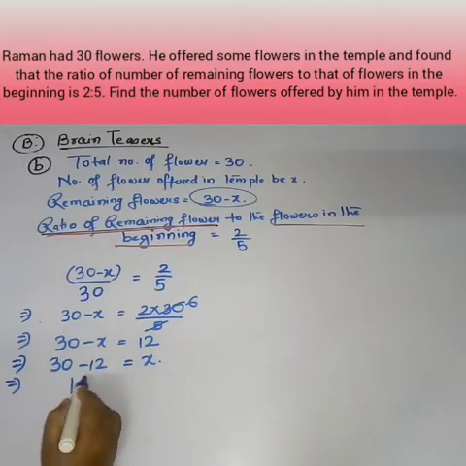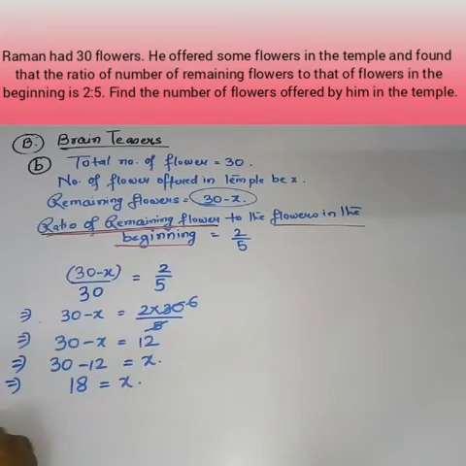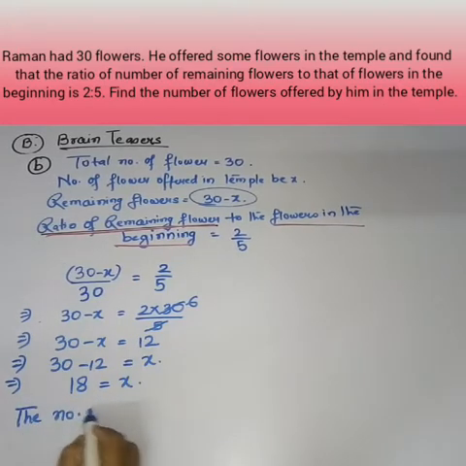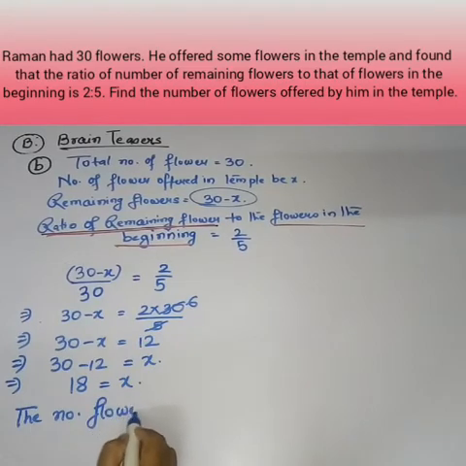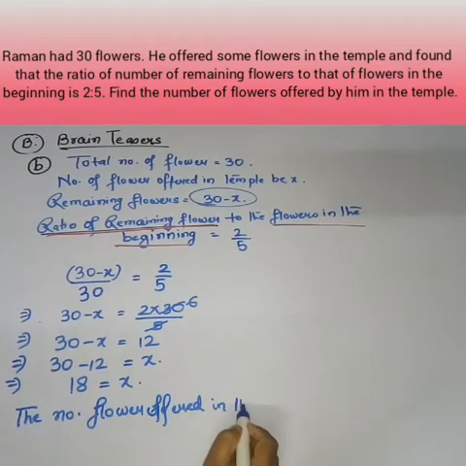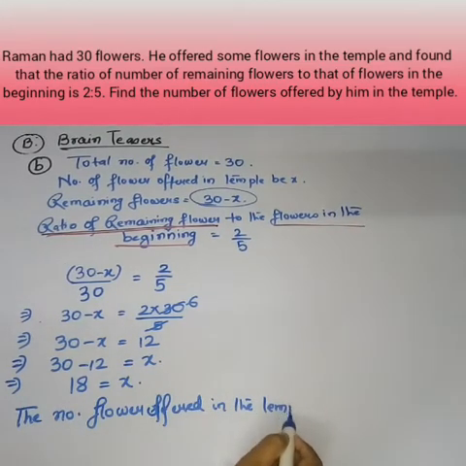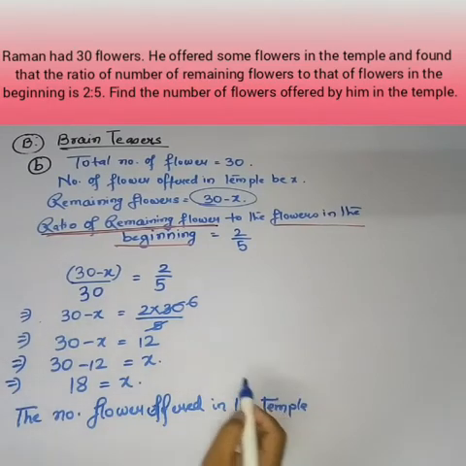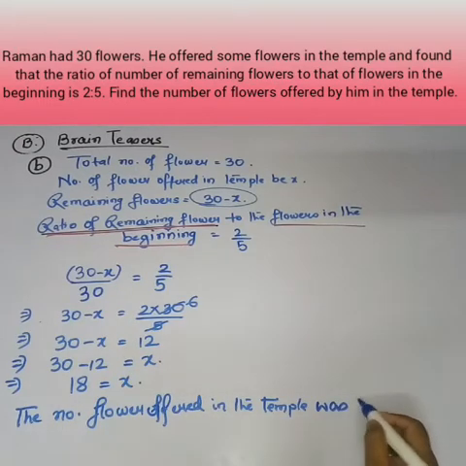That means 18 is equal to x. And the last line will be, therefore the number of flowers offered in the temple was 18.